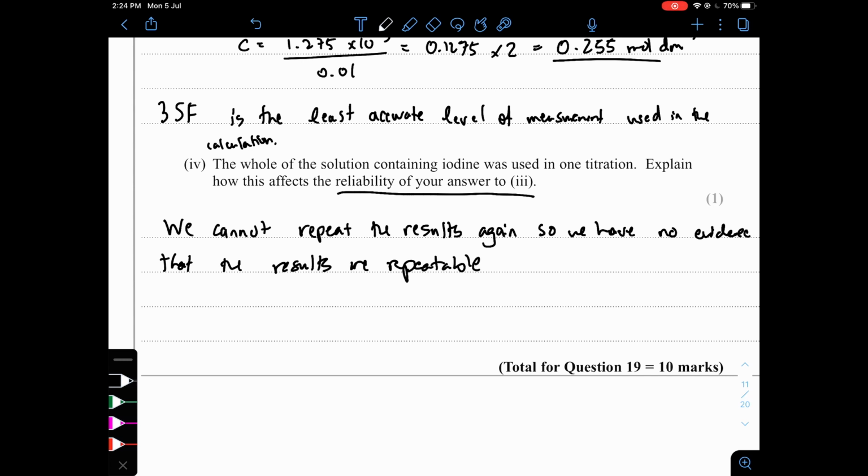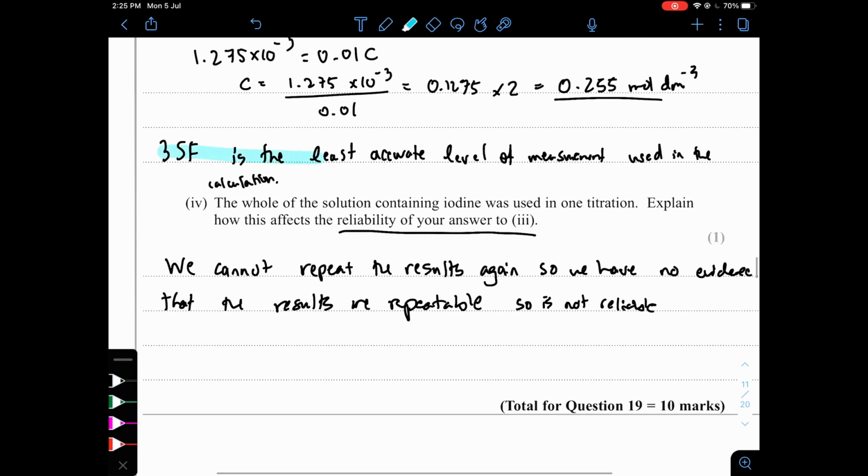So it's not reliable. Alright, so that's why. For here, the answer is that we cannot repeat the results because they're not repeatable, so it's not reliable. That's the 1 mark there.